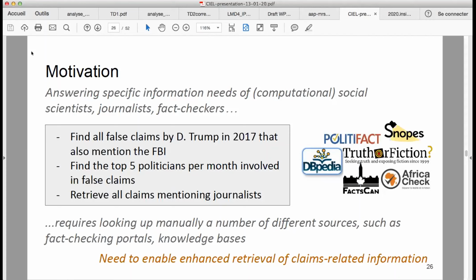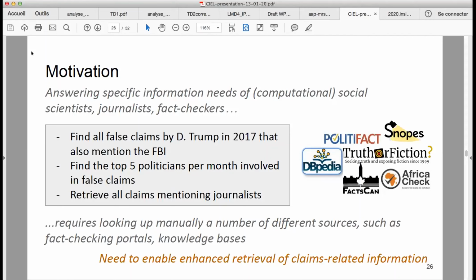Or else find the top 5 politicians per month that are involved in false claims. Right, so these are complex queries where one could potentially obtain this information by looking up manually a number of different decentralized sources, for example, fact-checking portals or various encyclopedic knowledge bases.